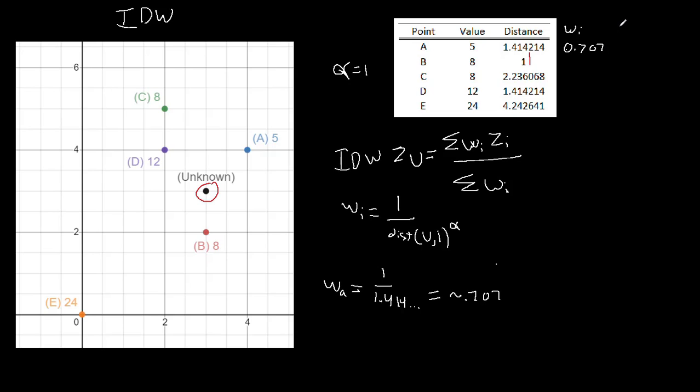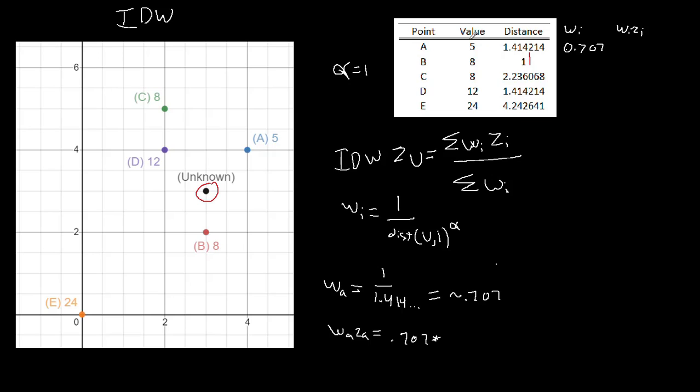The next thing we need to do is multiply Wi by Zi. So Wi Zi is the next thing that we're going to put here. So Wa Za is going to be equal to Wa, which we calculated as 0.707, times Za, which is the value of that point.